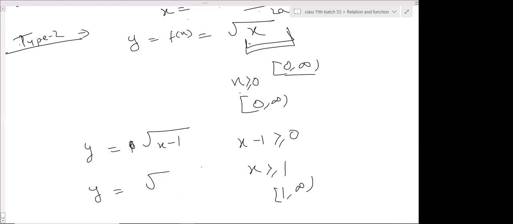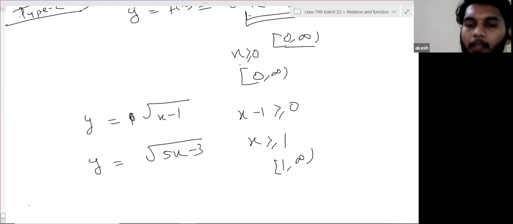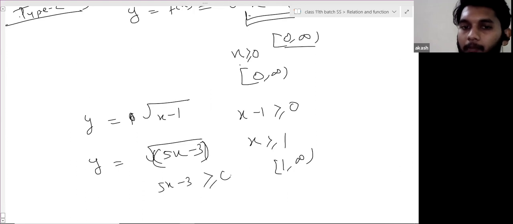So y equals to, suppose I give you under root 5x minus 3. You don't have to do anything. Whatever masala is there inside the under root, take the whole of that. This should be either positive or 0, right? That is the condition for under root.